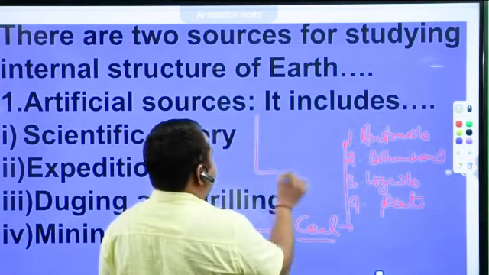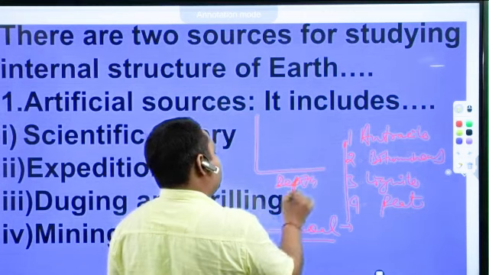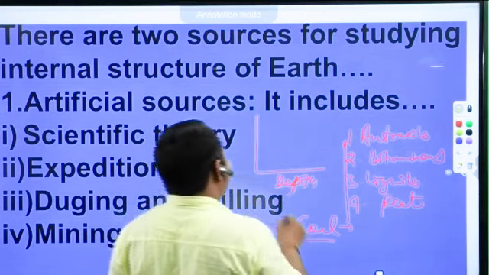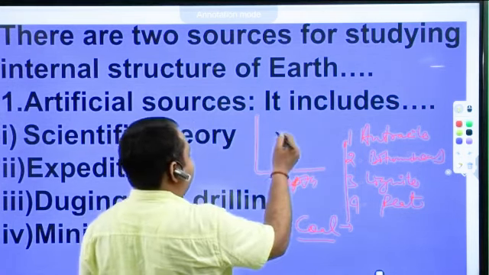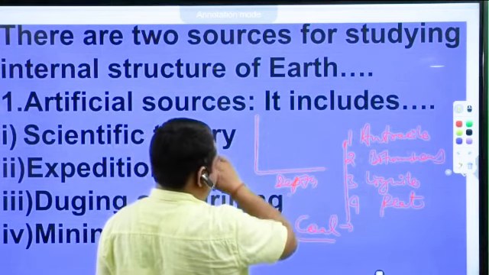If we talk about anthracite, it is located at the highest depth.